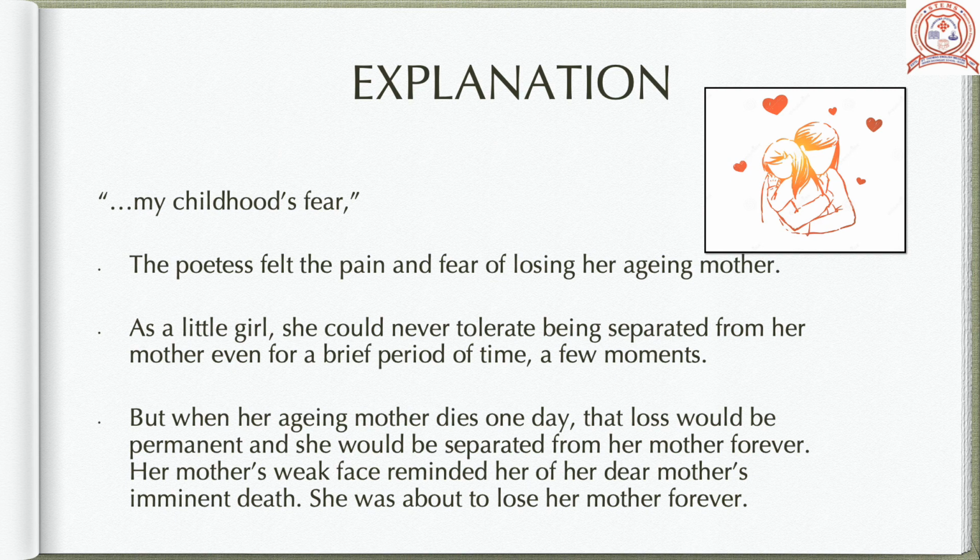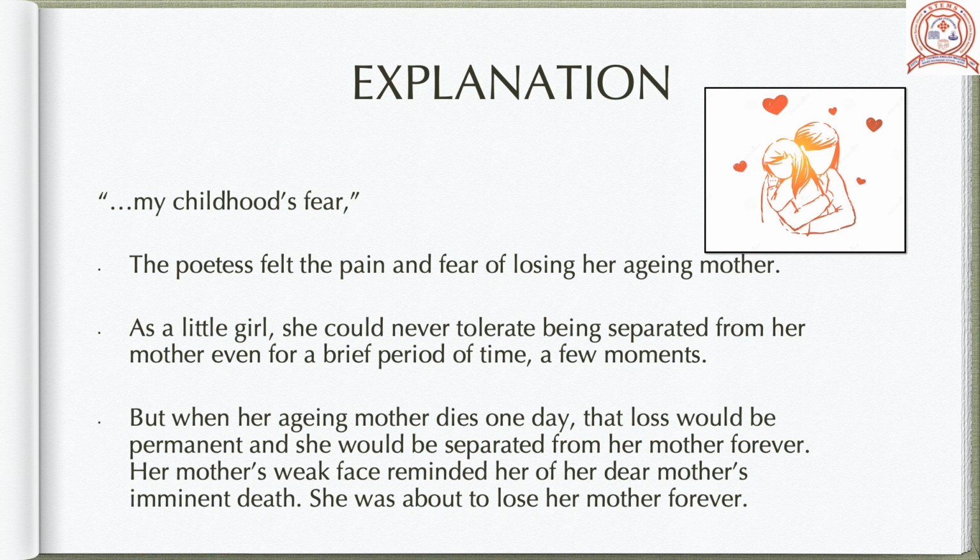So, this was the poet's childhood fear, the fear of losing her mother. Even when she was a little girl, she could not tolerate imagining the fact that one day her mother would die and she would no longer see her. Even after growing up, the poetess has the same feeling. She cannot reconcile with the fact that no one is immortal.